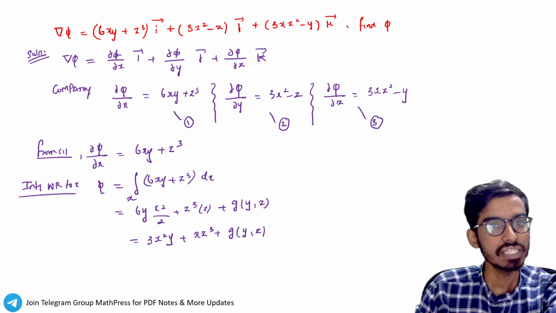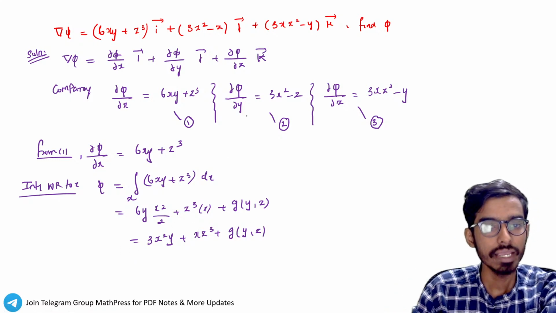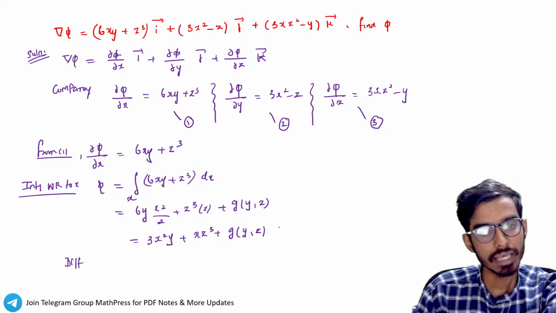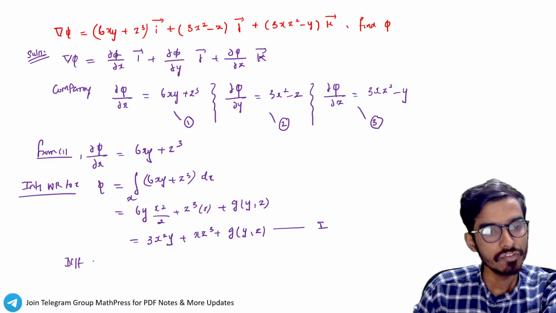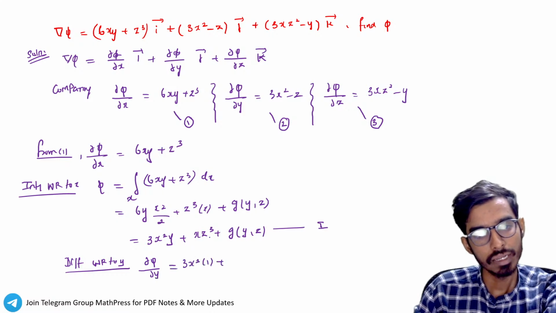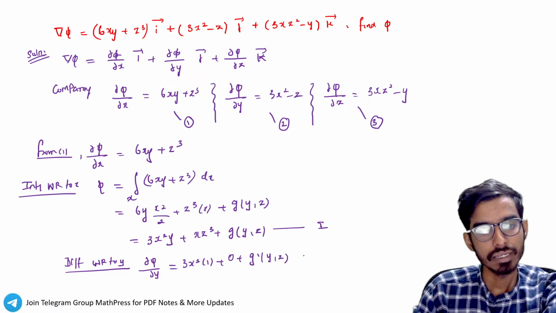Our aim is to find g of y comma z. What we did in the previous problem, we differentiated with respect to y and then compared. Let us call this as number 1. Differentiating with respect to y, we have dou phi by dou y equal to 3x square, y is 1, this will be 0, and this will be g dash of y comma z. Let us call this as 2. Now compare this 2 and 2.